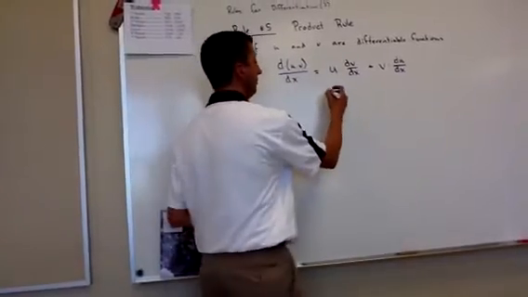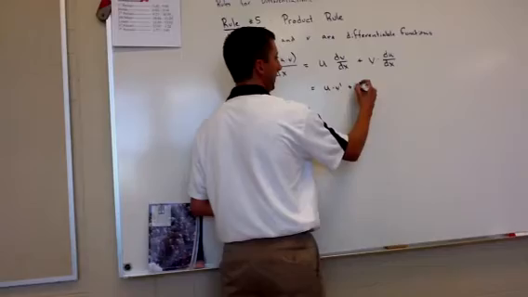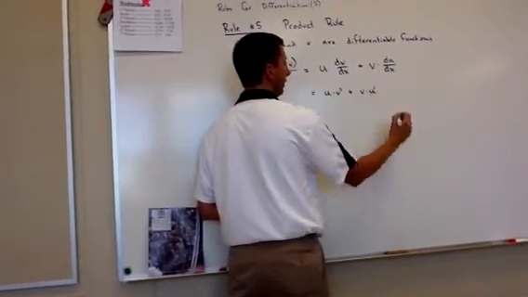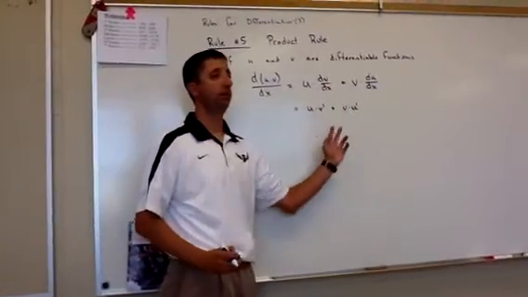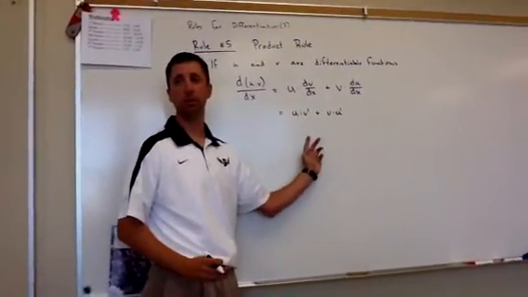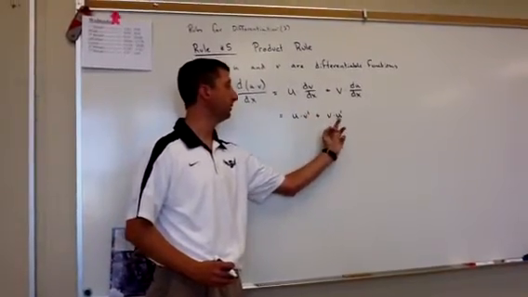Otherwise, it can also be written like this: u times v prime plus v times u prime. Same thing. Just another way to write a derivative. Derivative of v, derivative of u.